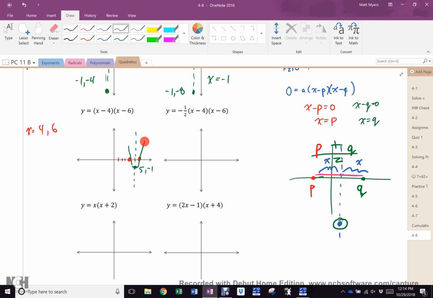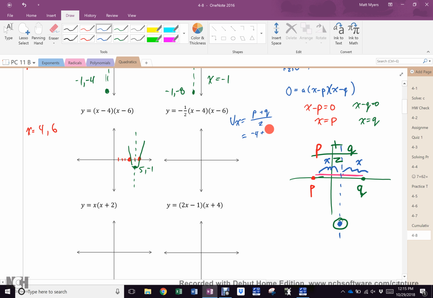Yeah? All right. Now, in this one, we're going to find it algebraically. Vertex X equals P plus Q over what? 2. What's P? -4.